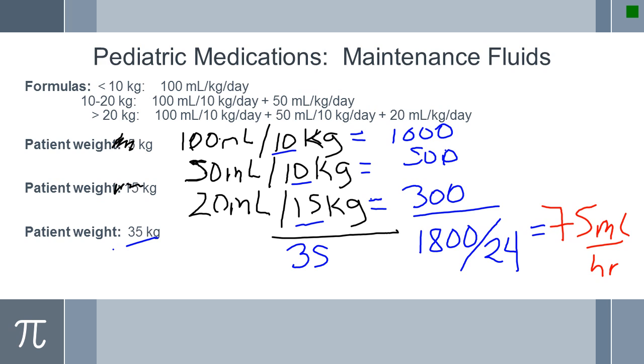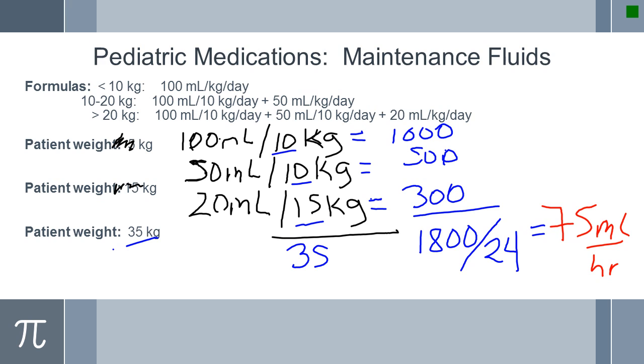Now I have to divide that by my 24 hours. So when I take 1,250 and divide that by 24, then I get 52 milliliters per hour. That would be my maintenance fluids. So my 100 was for my first 10, and then my 50 was for whatever was left.